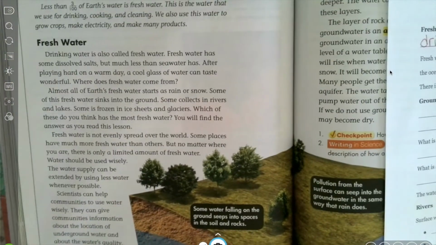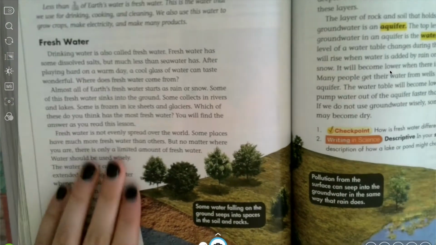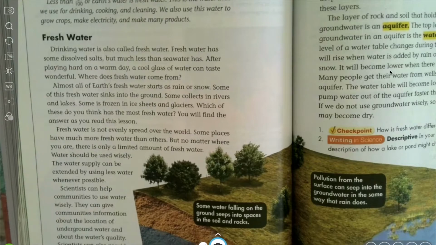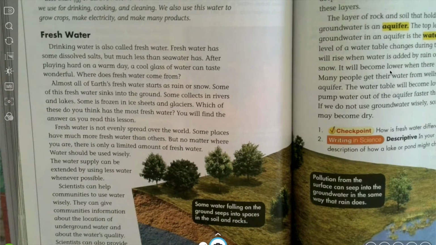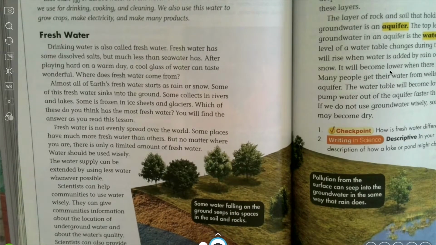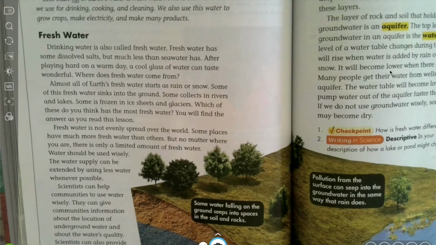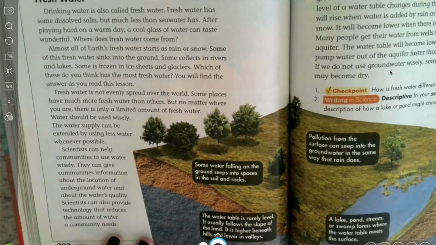So just looking through this, we've got water falling onto the ground, seeping into spaces in the soil and rocks. So if it rains, it's then going to move down. And then just looking at the water table, which is just this stored water, it doesn't always stay level.